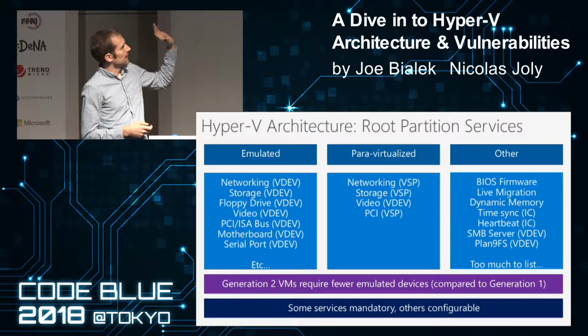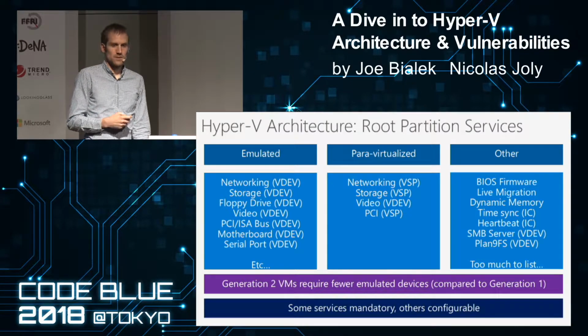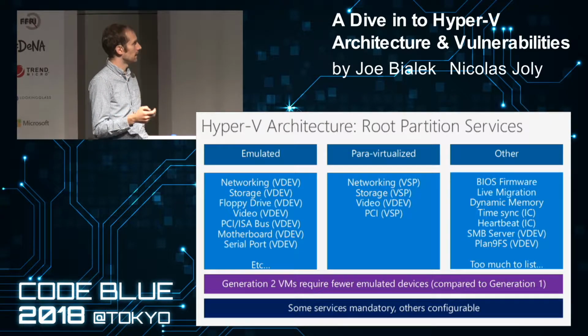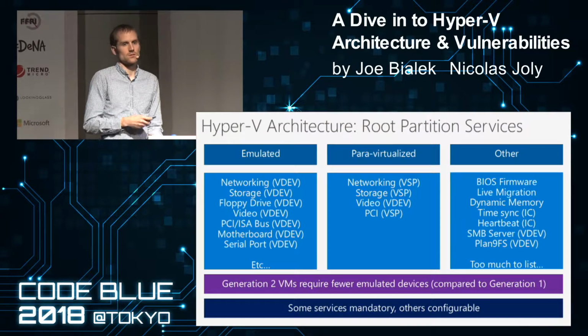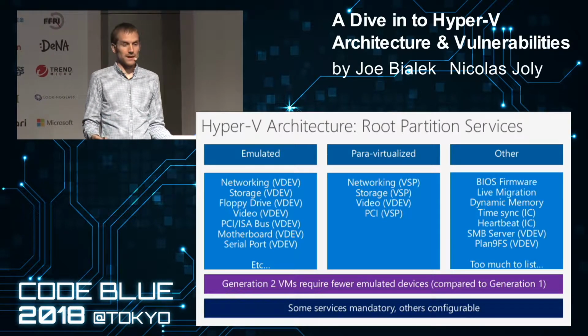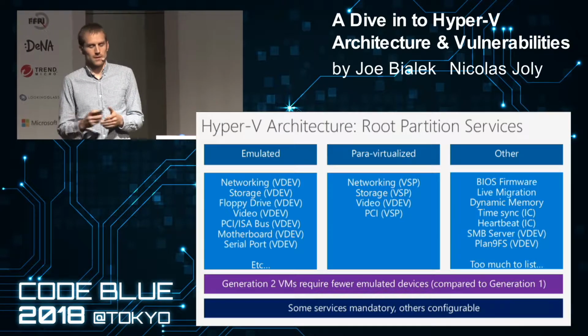So we have a network card that we can emulate, we have an IDE device, hard drive, optical drive that we can emulate, floppy drive, video card, etc. So just basically any piece of hardware that an operating system expects it should be able to communicate with when it's running on bare metal, we emulate that.